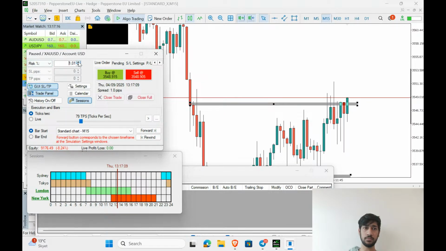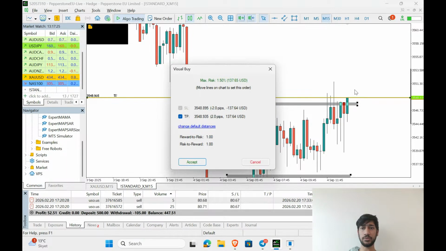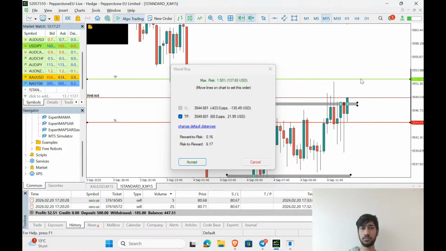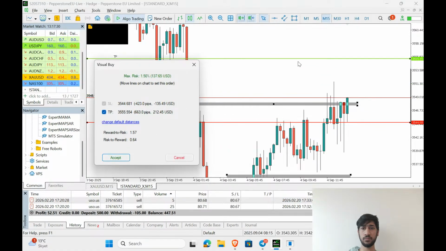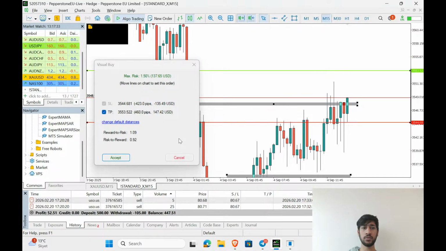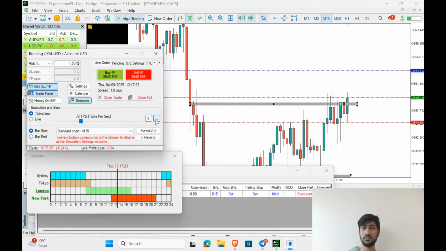1.5% risk. 1 to 1. And if price hits my 1 to 1, just like that.